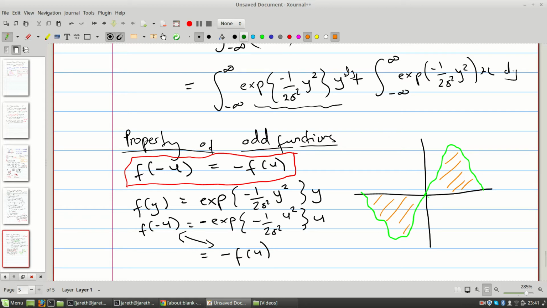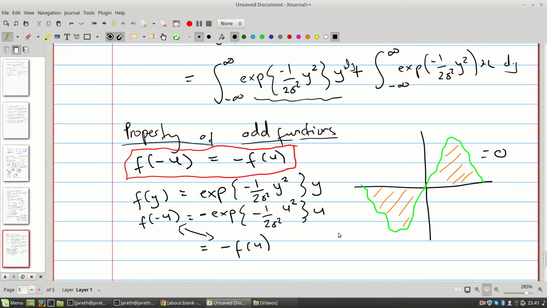This is the reasoning behind having these odd functions. So now that we've proven that this is an odd function, we can say that the integral of this thing should be 0.